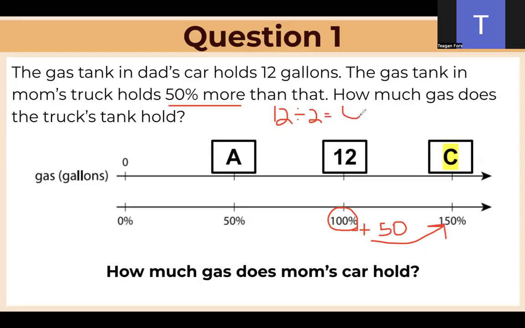And 12 divided by 2 is 6. So I know that I need to add those two numbers together to get my total. So I need to add 6 plus 12. And when I add 6 plus 12, I end up with 18. So Mom's car holds 18 gallons of gas.